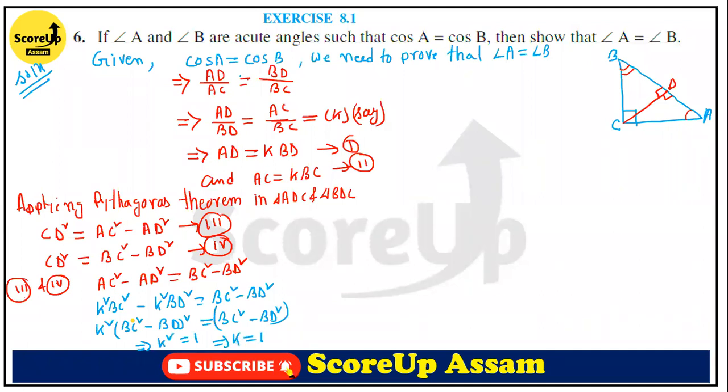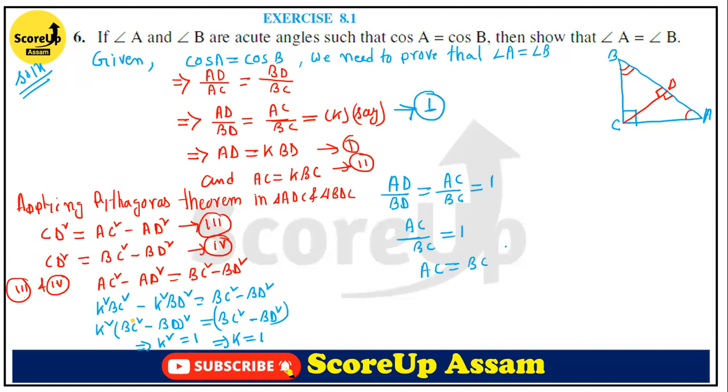Now if we put this value of K equal to 1 in equation number 1, we get AD by BD equal to AC by BC equal to K, which is 1. So AC by BC is equal to 1. Therefore, AC is equal to BC.